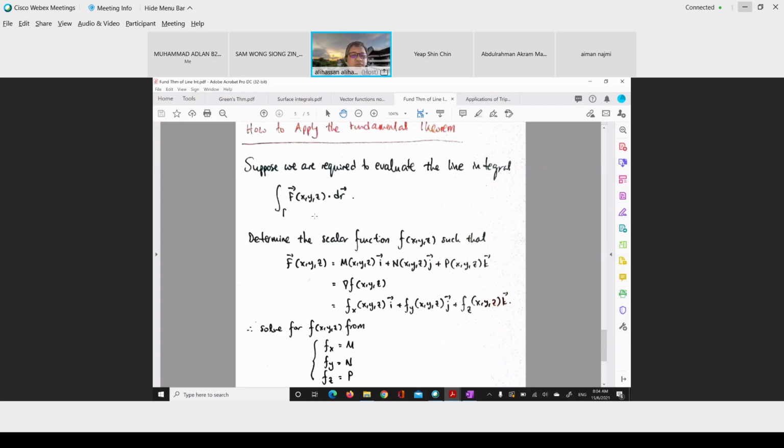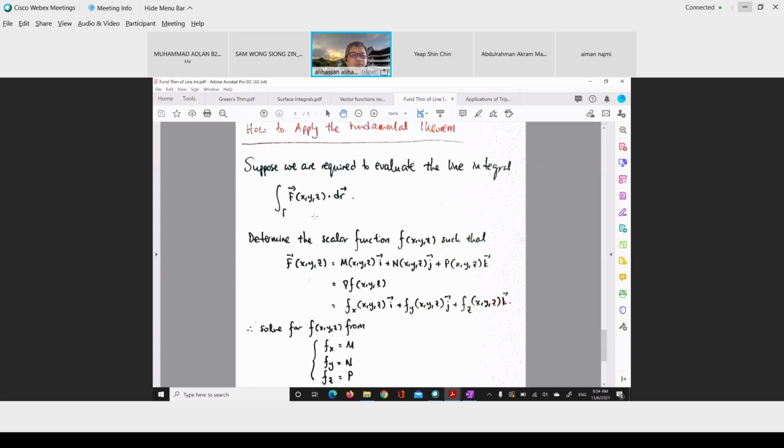In the previous cases, we had a result that shows the boundaries and the interval. We have here the boundary is A and B, the interval A to B. Here we have a space curve gamma with the boundaries, initial point and terminal point.